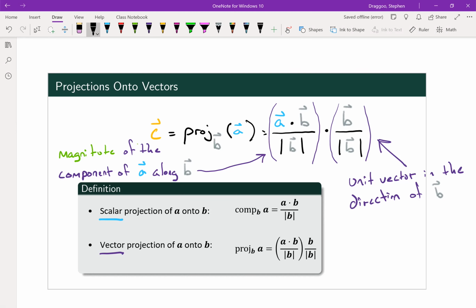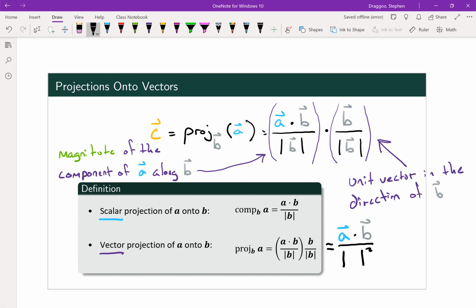We can also rewrite this projection of A onto B so that we can clean up the notation just a little bit. And I'll stick with the same colors I had above. We'll still take A dotted with B. But I have two magnitudes of B hanging out in the denominator.